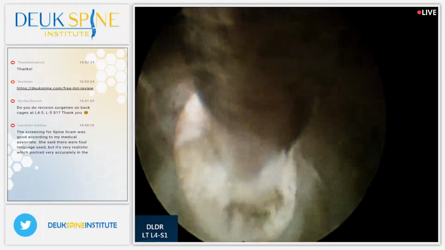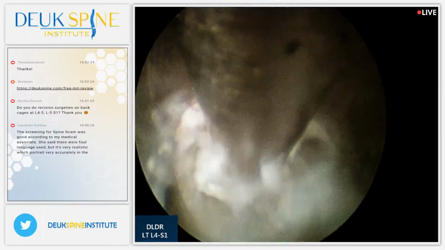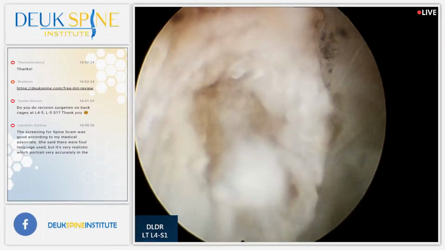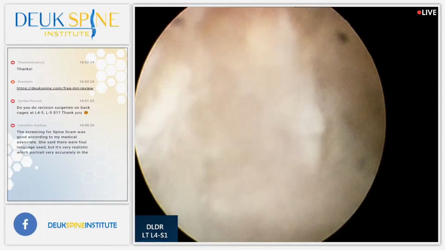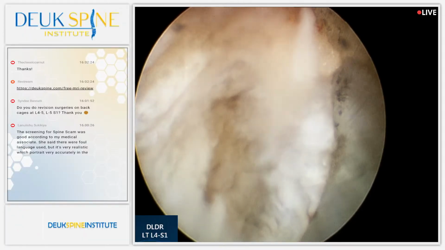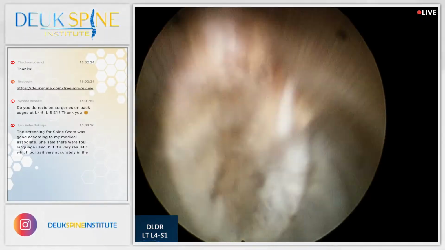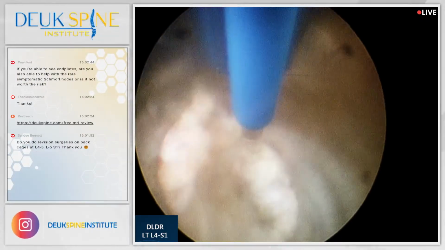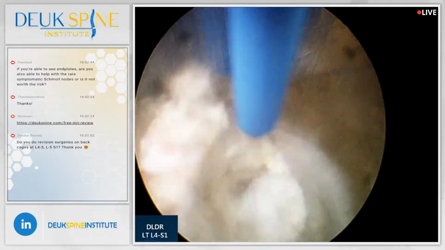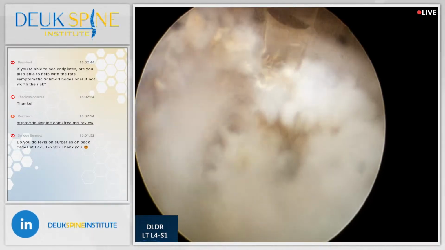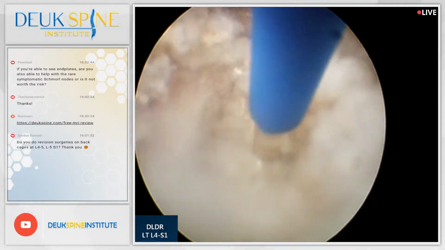If you have some x-rays, we'll take those. If you have a CAT scan, we'll take that. And I'd be happy to tell you what's wrong and what needs to be done to fix your problem. And yes, I do revision, absolutely. I do whatever I can to help people get out of pain and stop their suffering. So revision surgery is often necessary. I'm sorry you had such a problem, but good news, you found us and we can help you.